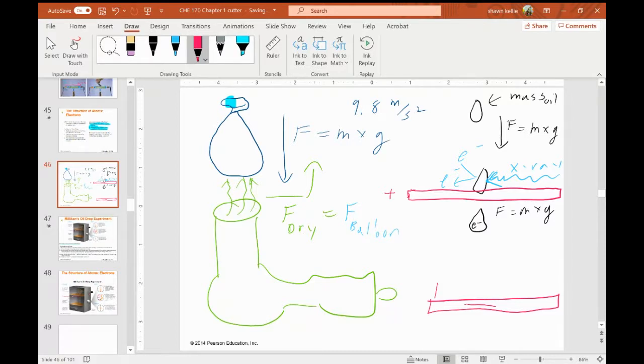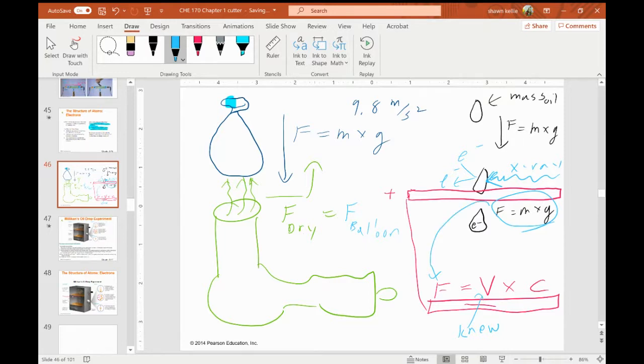Turns out that electrical force is equal to voltage times charge. So by turning on this voltage, which he controlled, he knew the voltage, he knew the force with which it would take to get the oil drop to stop falling, because he knew the oil drop's mass and the acceleration due to gravity.